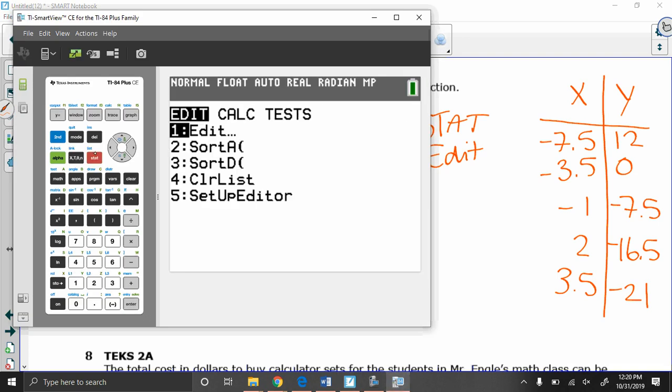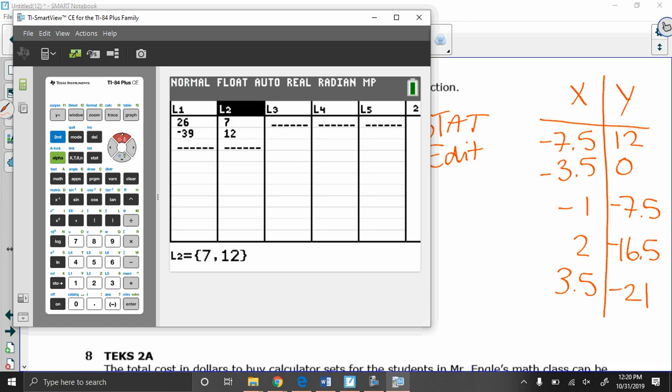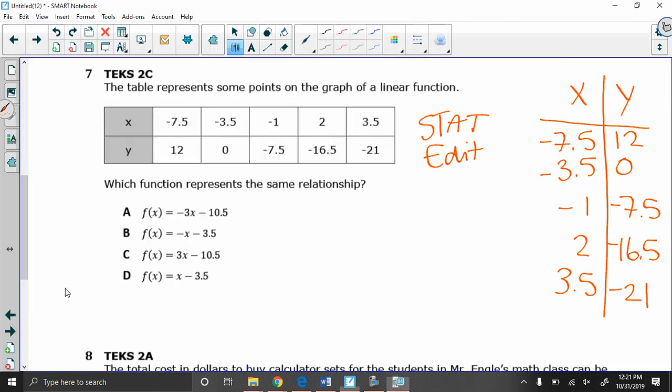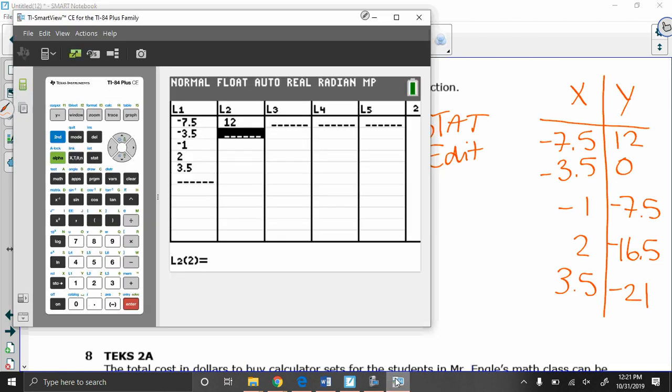Go to Stat, Edit. I'm going to clear out my columns. So again, it's clear, enter. And I'm going to type in my x's and then my y's. Alright, now I'll type in my y values, 12, 0, -7.5.